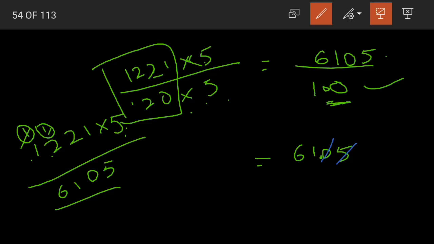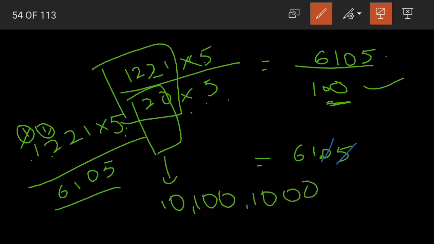The steps of converting the given fraction into a decimal number where the denominator is not a friendly denominator, that is, it is not 10, 100 or 1000: first we need to multiply both the numerator and denominator with the same number so that the denominator becomes a friendly denominator, and then we follow the steps of converting a given fraction into a decimal number.